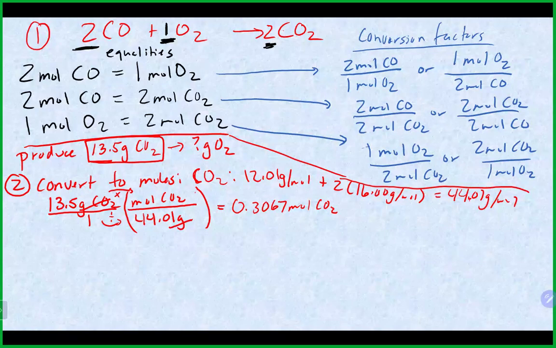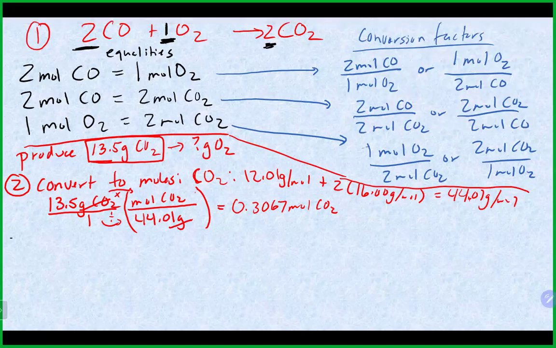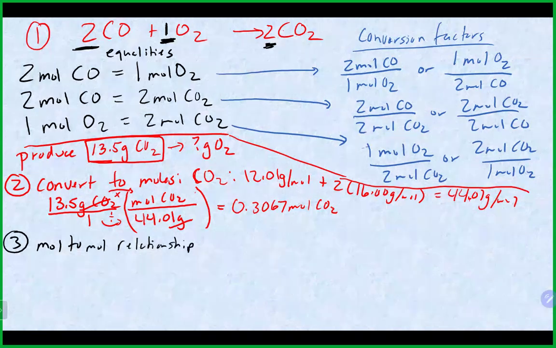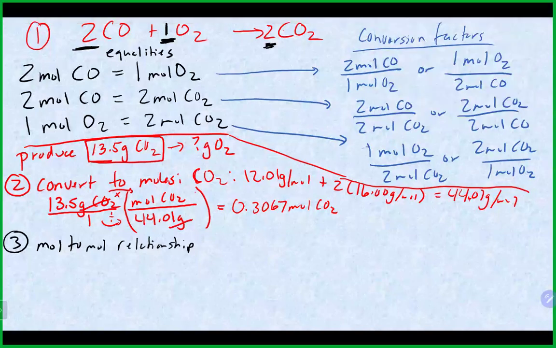So we are now ready for the stoichiometry part of the calculation, which is we want to go for our mole to mole relationship. So what I'm going to do is go to my balanced equation and find the 2 things I'm interested in.